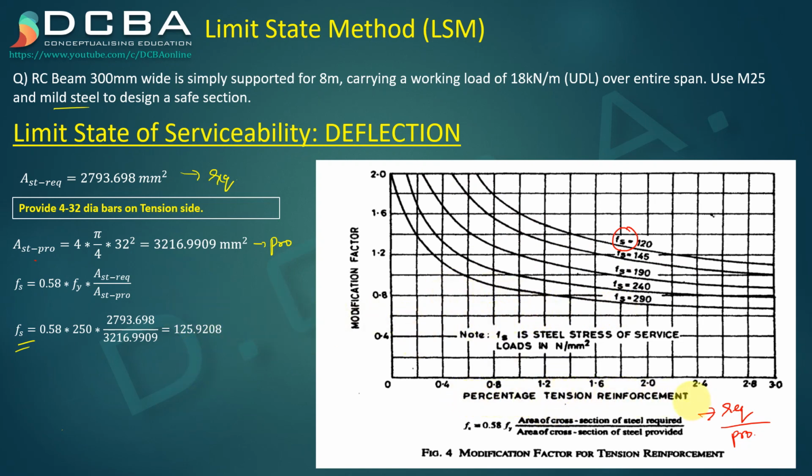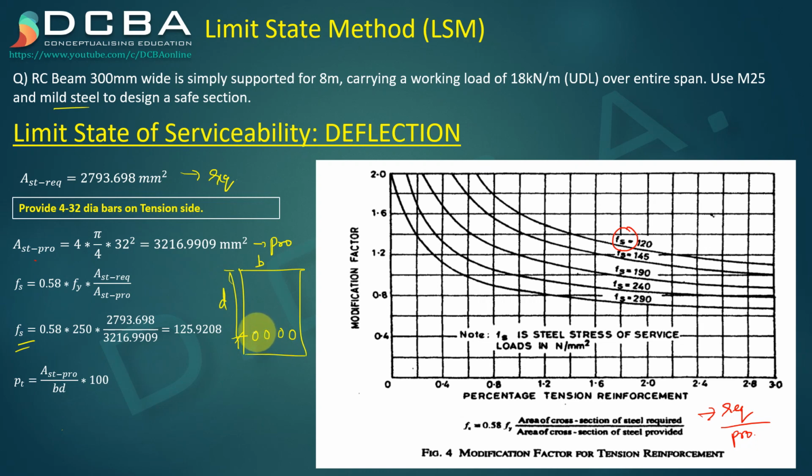Second is percentage of tension reinforcement. Percentage means that in your beam, if these are those 4 bars of 32, and this is your width and this is your depth, I'm sorry, not the total depth, we have to use the effective depth d.